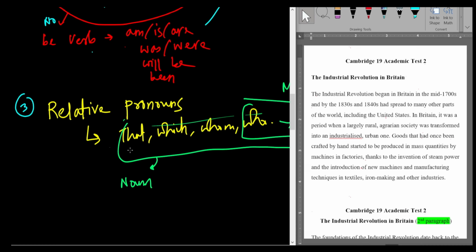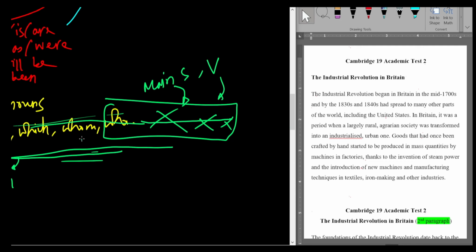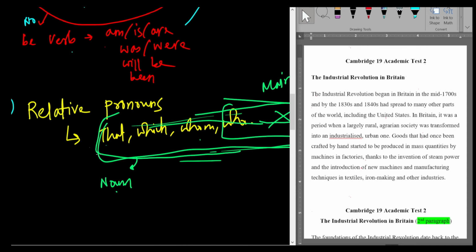All the things that come after it just add details and supporting ideas to one thing, which is the noun.